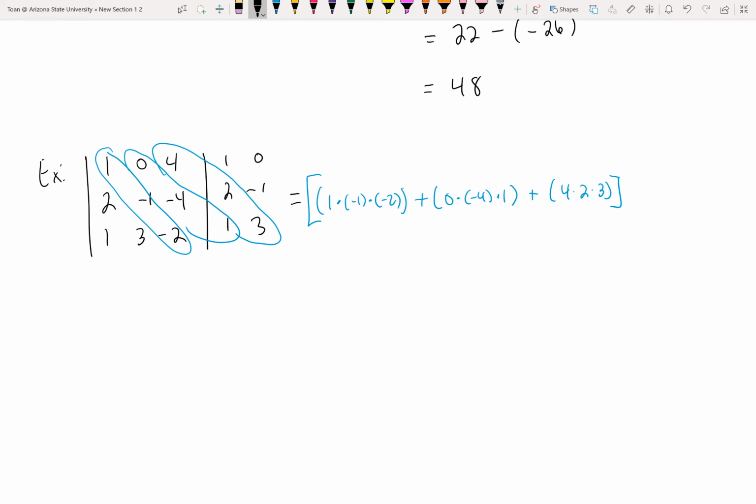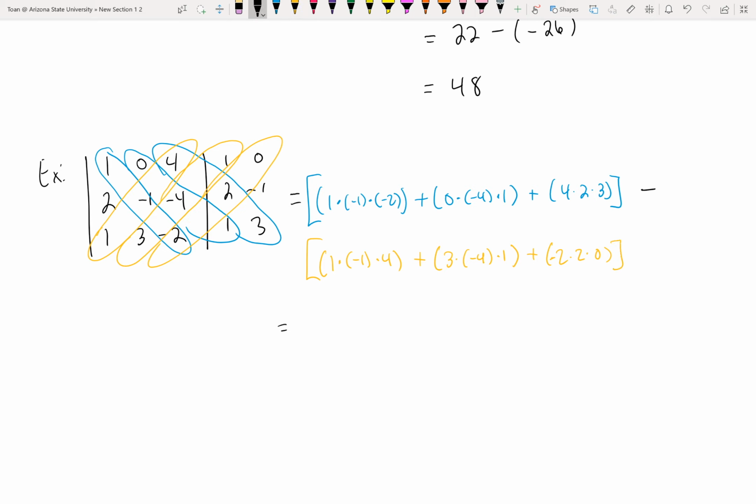That's all the blues, minus the yellows. 1 times -1 times 4, plus second diagonal, 3 times -4 times 1, plus the third diagonal, -2 times 2 times 0. It doesn't really matter because we're multiplying by 0.